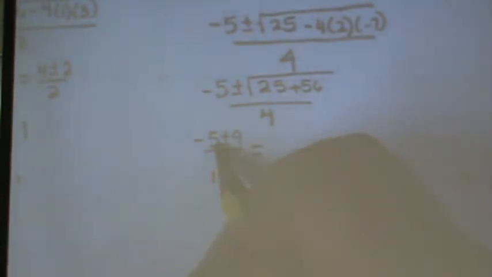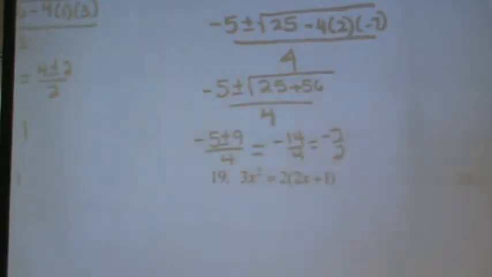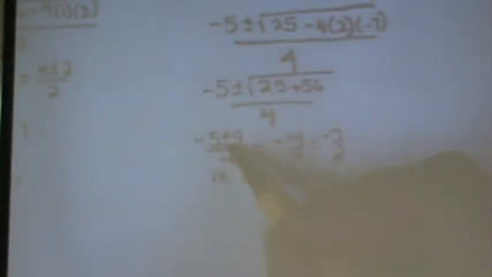Negative 5 minus 9 is negative 14 over 4, which is negative 7 over 2. And we have negative 5 plus 9, which is 4. 4 over 4 is 1.